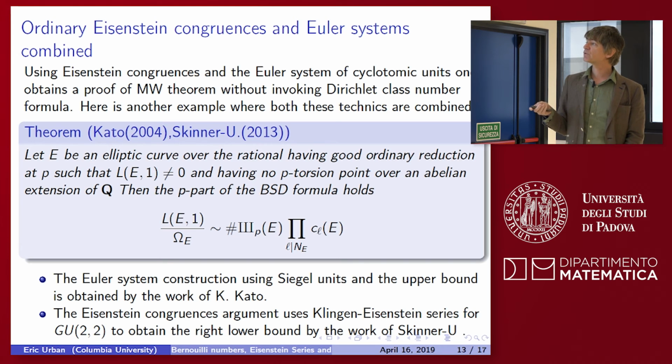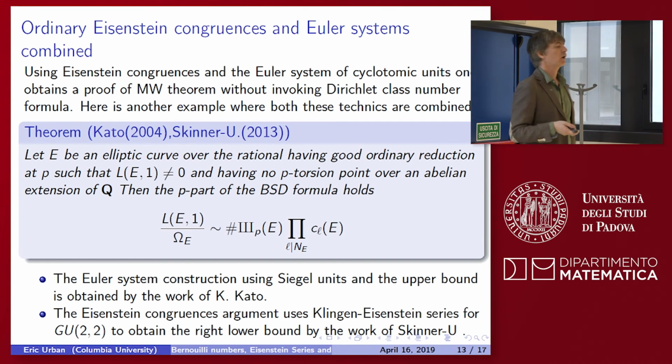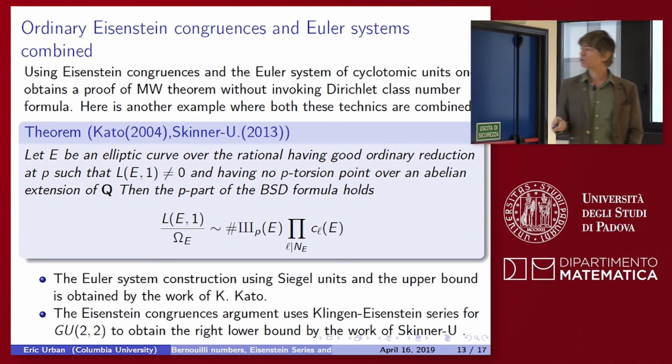So another example of this is the case of an elliptic curve over Q, having good ordinary reduction at p, and such that the L-function at 1 does not vanish. You have to assume that it has no p-torsion point over some abelian extension of Q, and there are some other simple technical conditions.